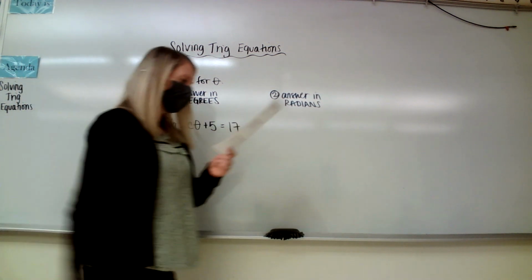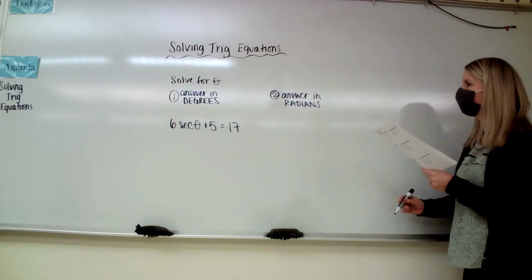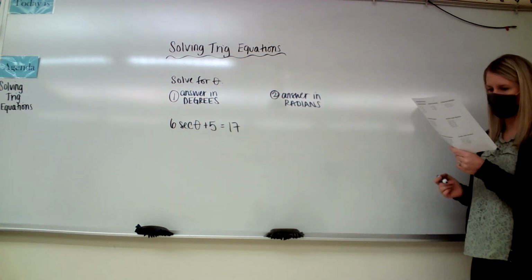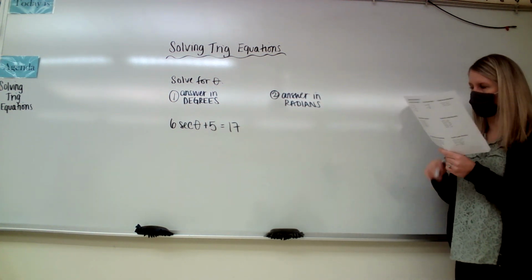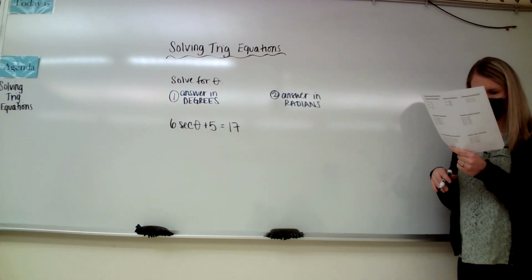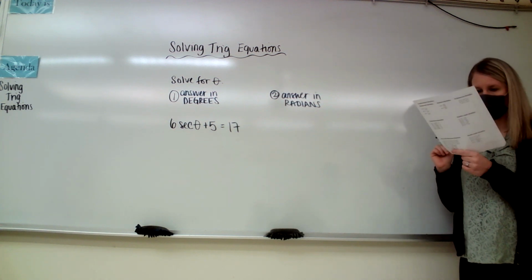Okay, that should work. And then, so once again, the numbers can be a little bit different. That's okay. Your main goal is to get that secant by itself and kind of see what it equals. And that one should be in degrees.